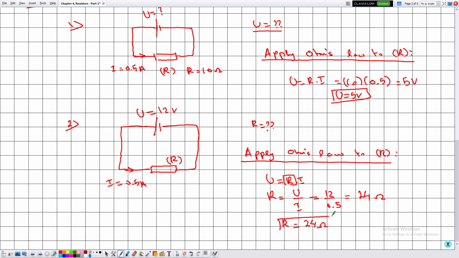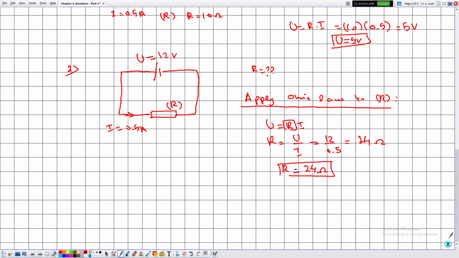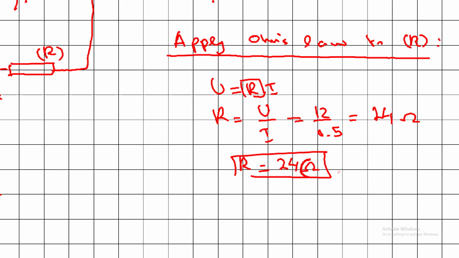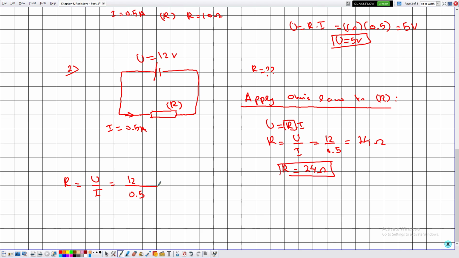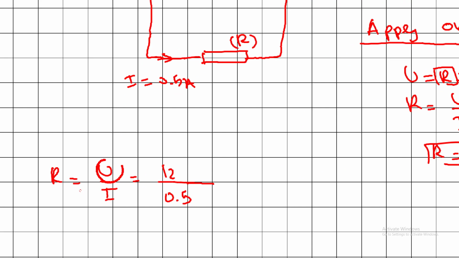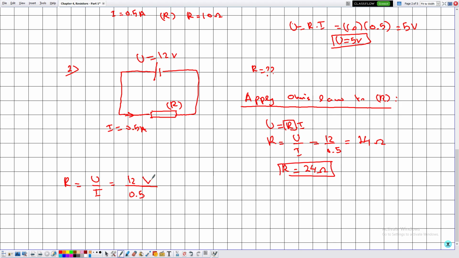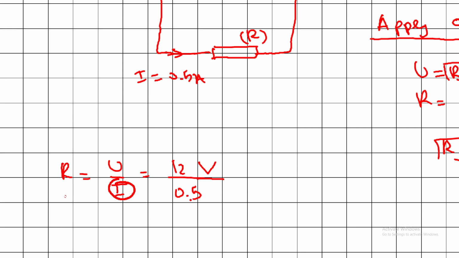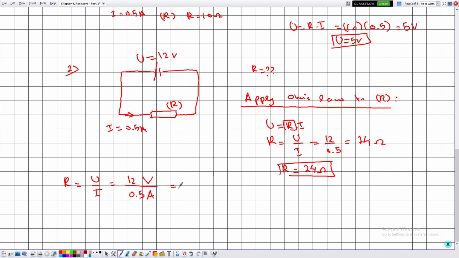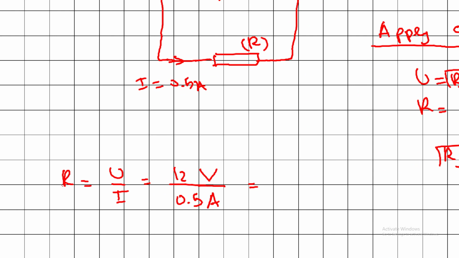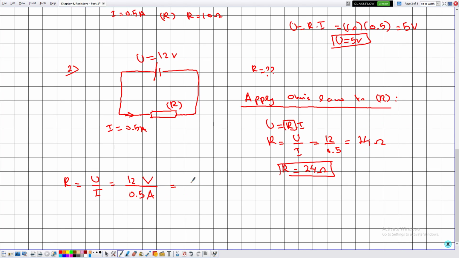But now let's study this relation more. Let me write here that we have calculated R to be U divided by I, which is equal to 12 divided by 0.5. Now what does ohm actually stand for? Notice that here U is given in volts and I is given in amperes.